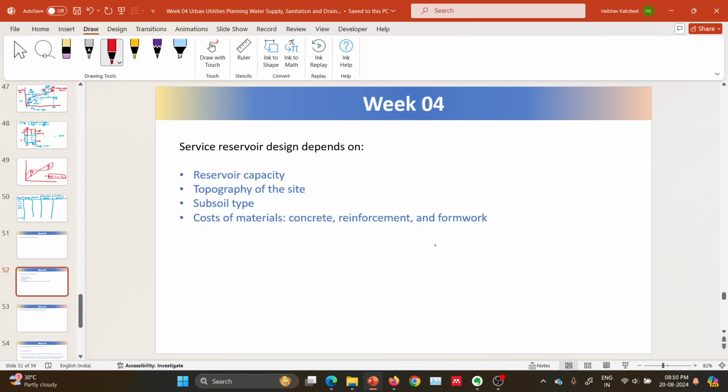So service reservoir design depends on reservoir capacity, topography of site, subsoil, what is the soil type. There are different varieties of soil, so based on that we will design. And what is the cost of material, whether concrete, reinforcement and formwork.